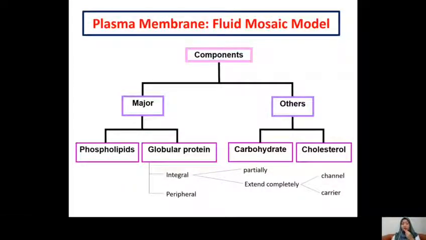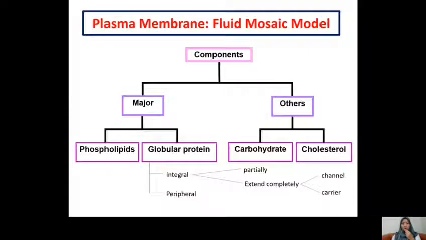What's the difference between these two? Integral protein is found partially embedded or fully embedded in the phospholipid bilayer. However, peripheral protein sits adjacent to the phospholipid bilayer. It's not embedded in the phospholipid bilayer.